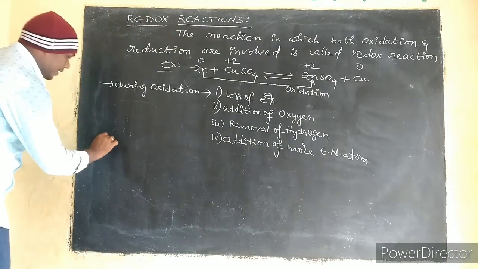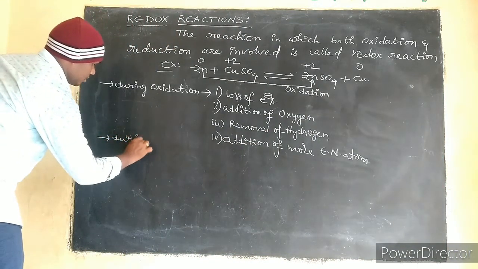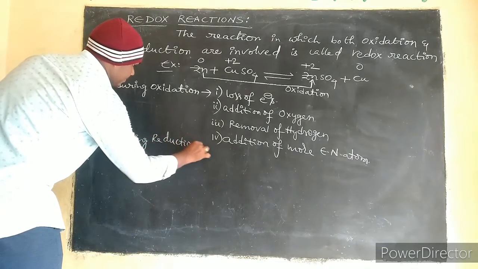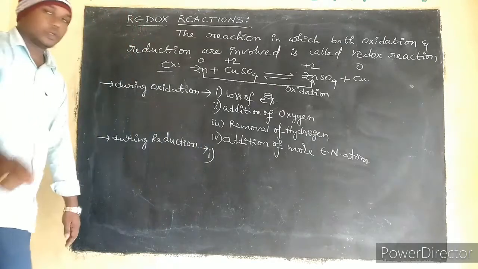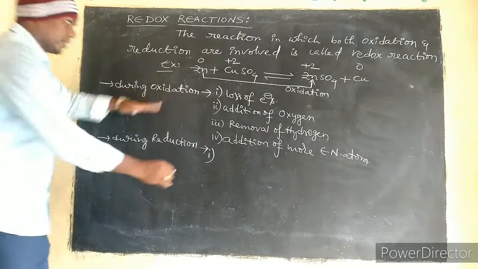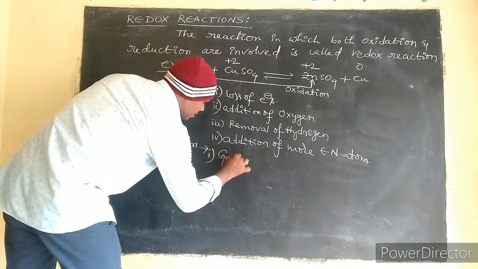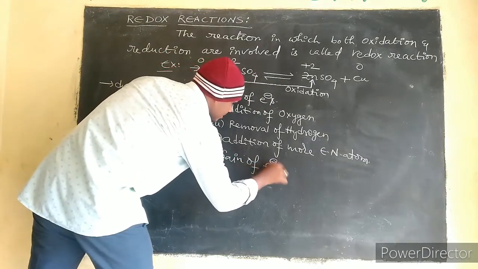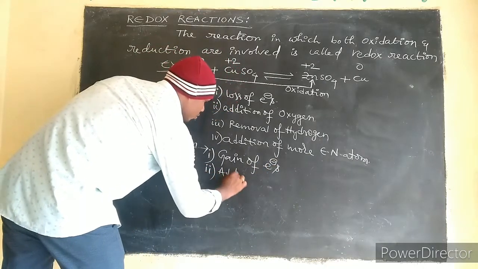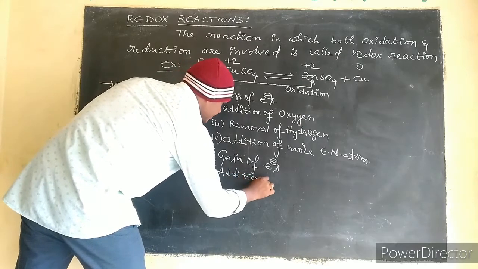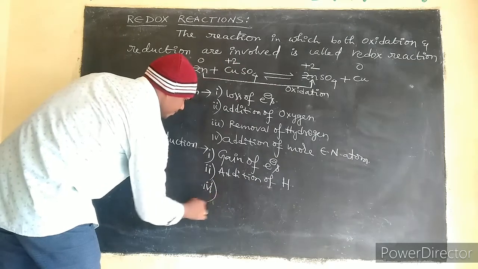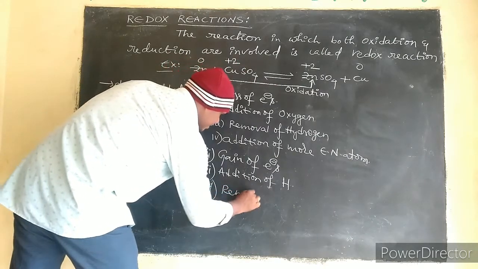Next step, during reduction, here loss of electrons means oxidation, and gain of electrons is reduction. The second condition, addition of hydrogen, removal of oxygen.